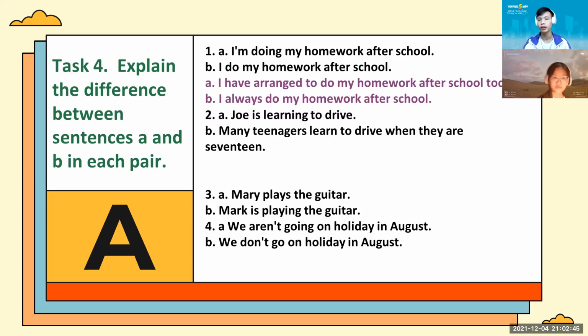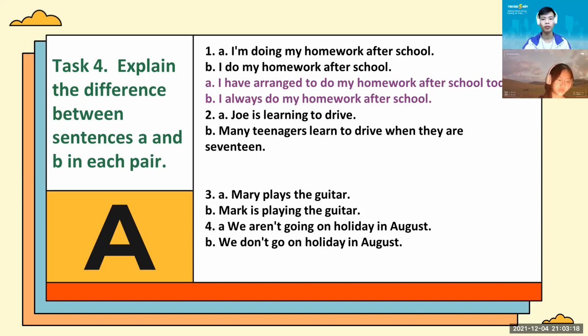A is arrange to do homework after school, and B is always do homework after school. This is present simple, right? In the sentence A, it is present continuous.